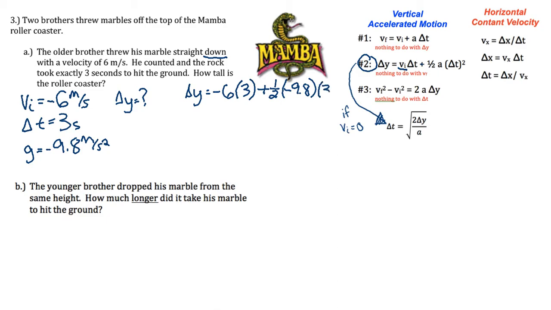So once again, that 3 seconds, but we have to square that. Don't forget the square. Everyone always forgets that. Okay, so when you're solving this problem, you have to square that 3 first.